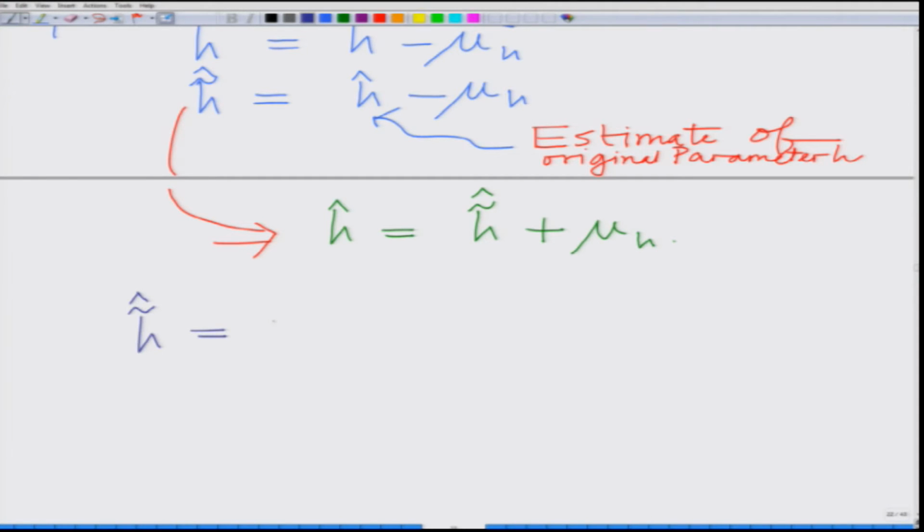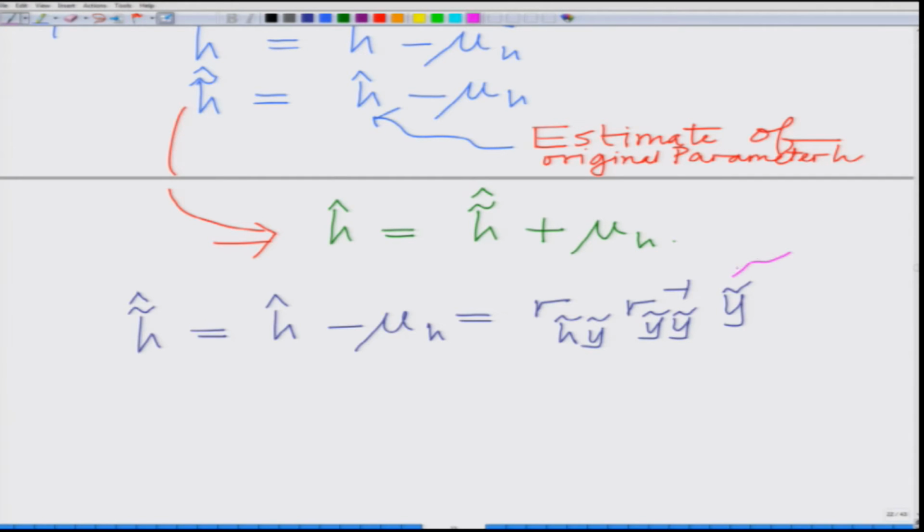H tilde hat equals H hat minus mu H, which is equal to R H tilde Y tilde, R Y tilde inverse into Y tilde.